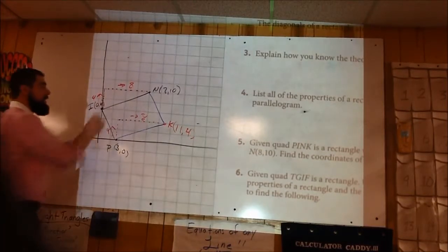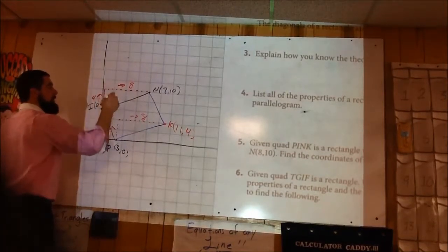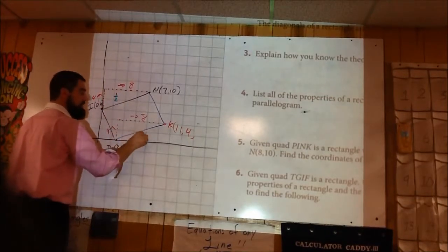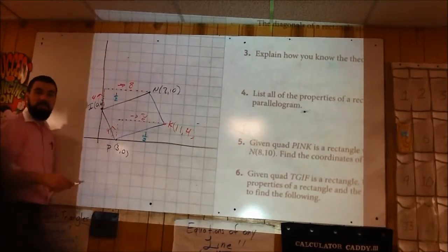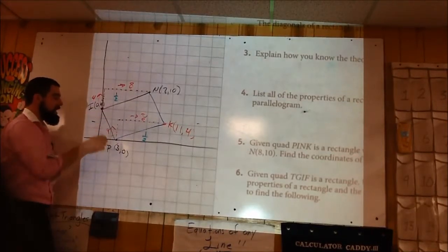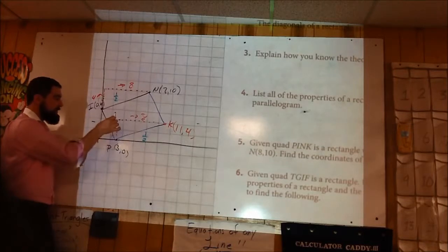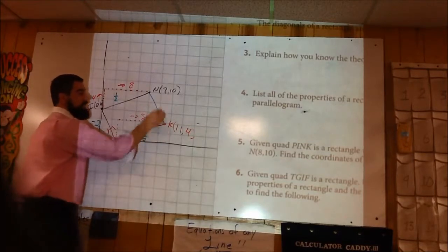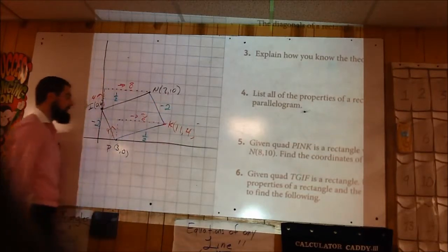So the slope of this side goes up 4 and over 8, so that's a positive 1/2. Same thing here, it's a positive 1/2. These are the slopes. For here, the slope is going to be a negative. Well, it rises up 6 and then over 3, so it's a negative 2. This one here, same thing, negative 2.